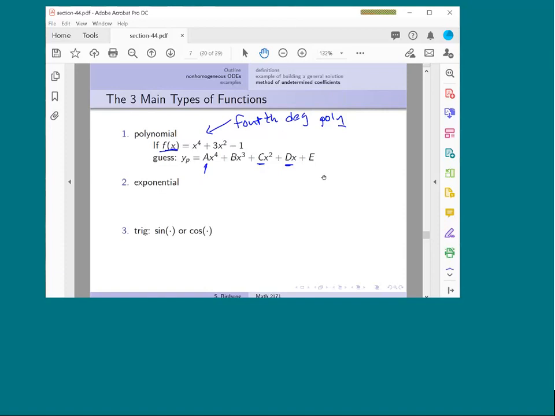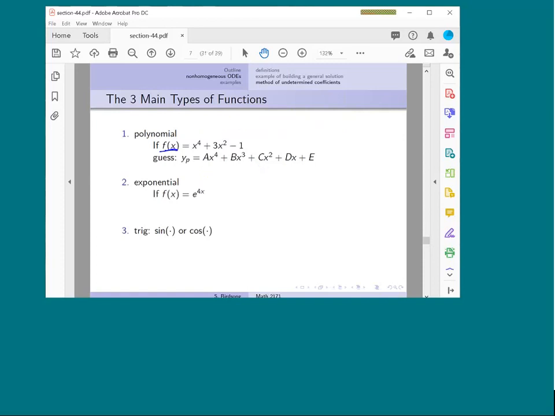I've got a polynomial example prepped up for us, but it's way smaller, so there's not so many unknowns. And that's it for polynomials. Polynomials are relatively straightforward when it comes down to your guess, probably the easiest among, I shouldn't say easiest, but the same as exponential. So that's it in terms of polynomials.